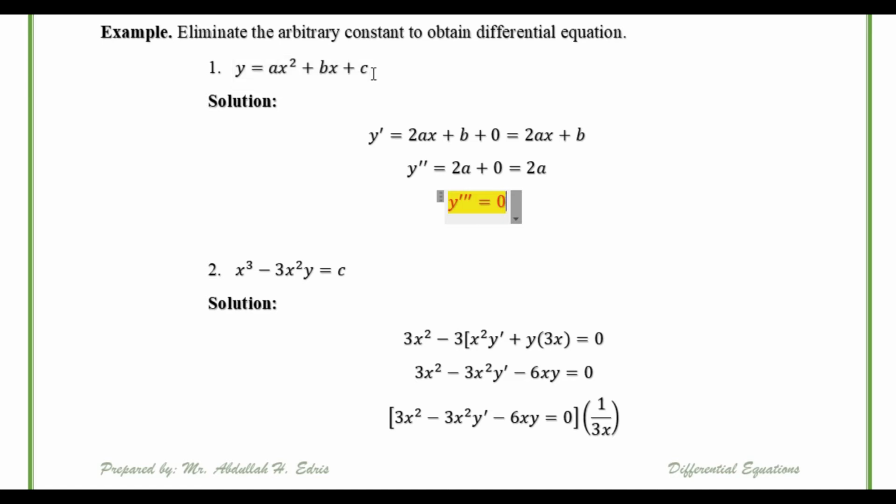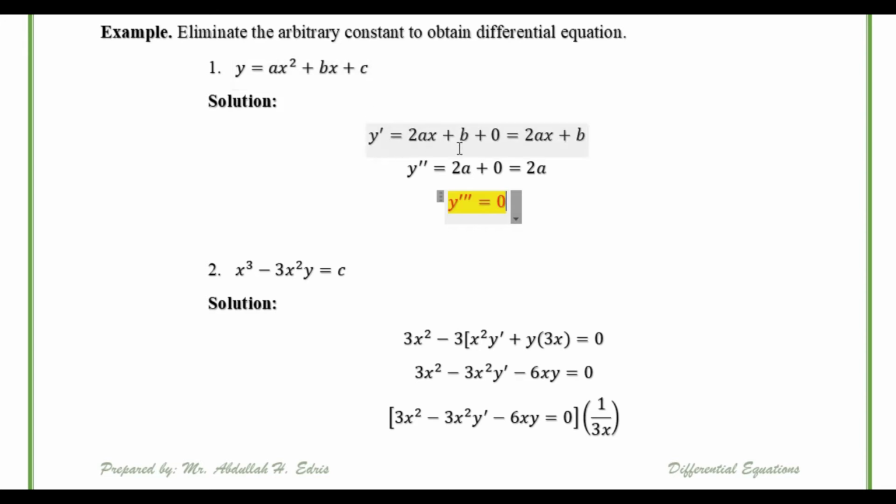Again, in this given function there are three arbitrary constants, A, B, and C. This means that we are going up to the third derivative, since there are three arbitrary constants.